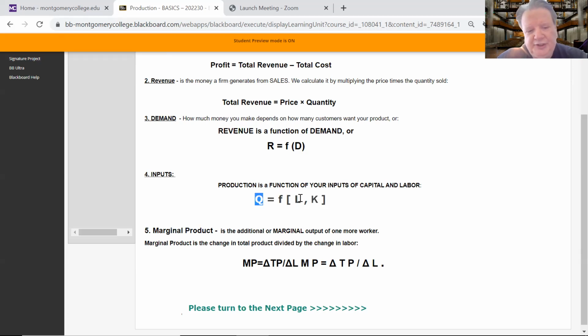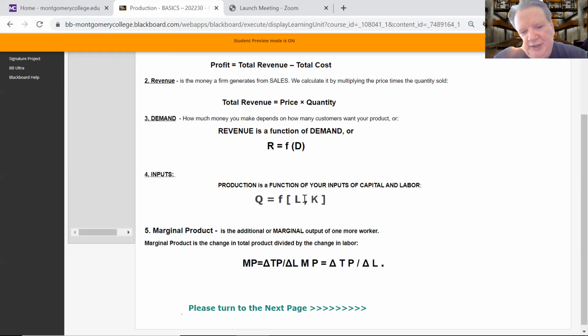And that would tell you if you have 3 workers and 1 pizza oven, so that would be 3 of one and 1 of the other, you might be able to make 1,000 times the amount of labor. So the function of labor would be 3 laborers times 1,000 would be 3,000 pizzas.